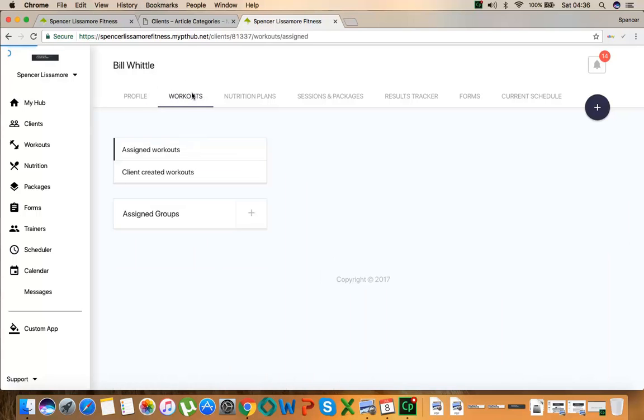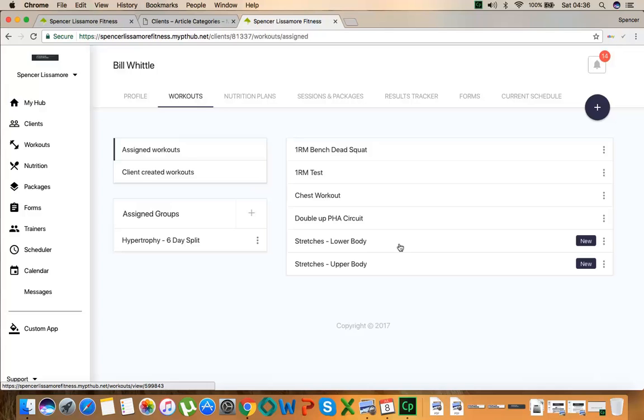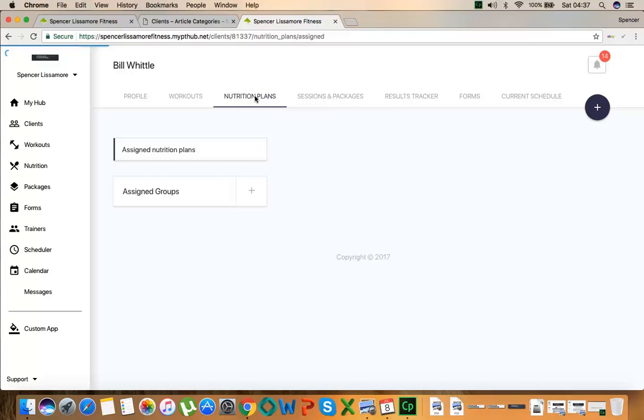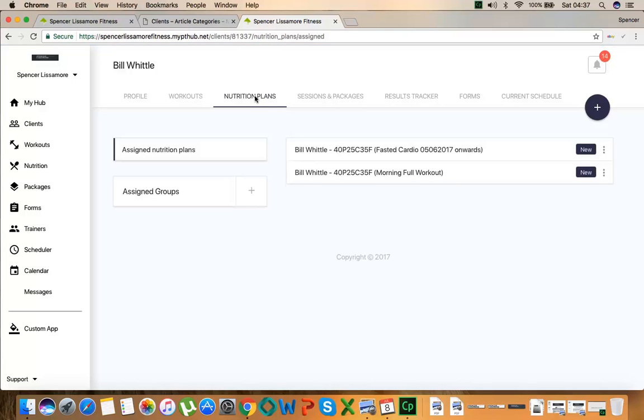So, workouts allocated to Bill, as you can see, I've allocated him some stretches, a peripheral heart action circuit for his fat burning goals, and a chest workout. He also has a hypertrophy 6-day split assigned to himself, which he follows as he has Sundays off. This is all available to you as well, guys.